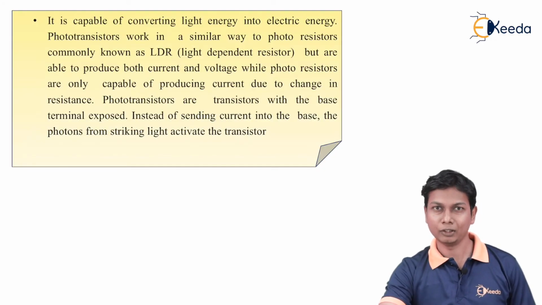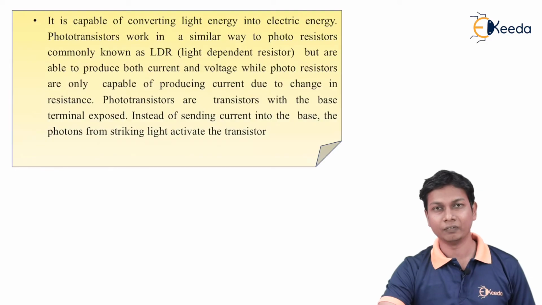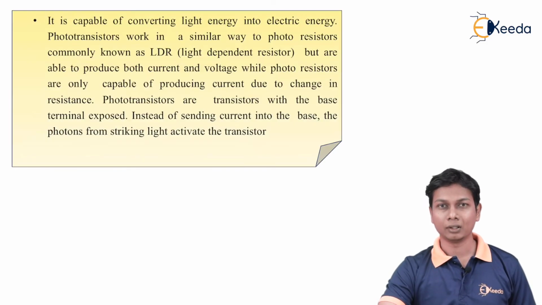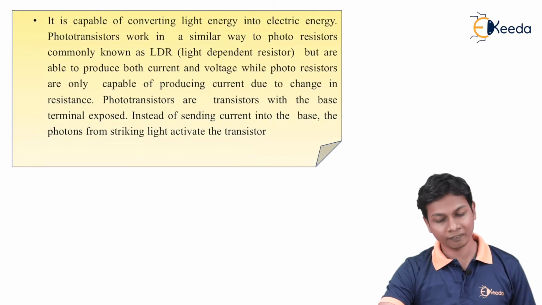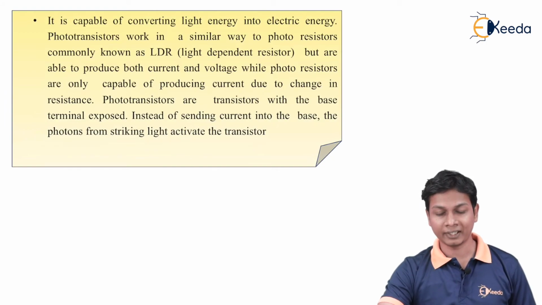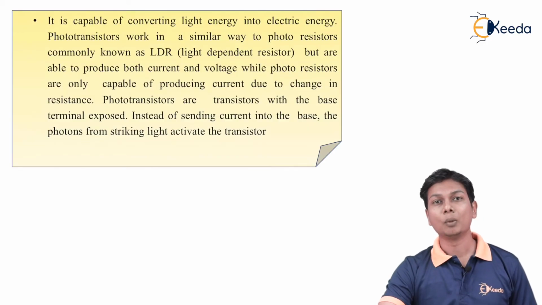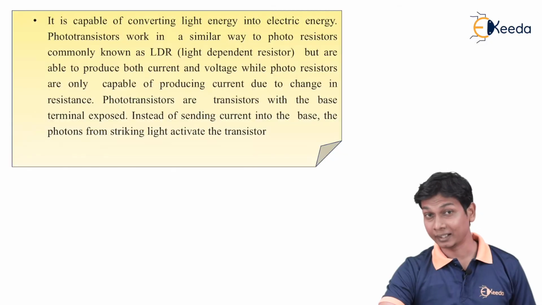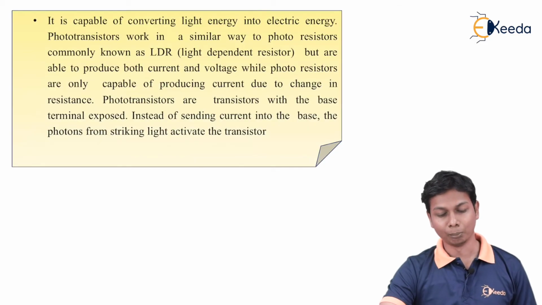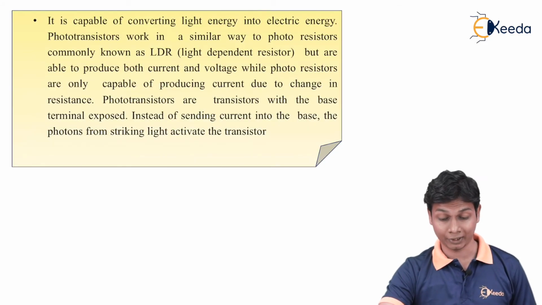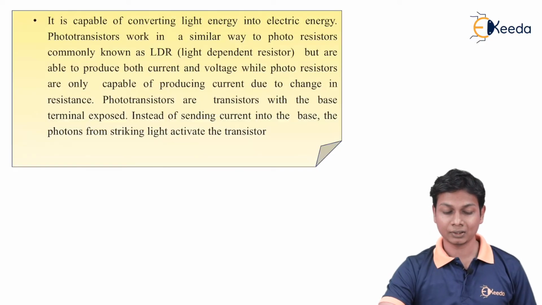As you can see in the principle, it is a device which converts ambient light, or natural light, into electrical energy, and the phototransistor works in a similar way to a photoresistor, which is popularly known as LDR, that is light dependent resistor, but it is able to produce both current as well as voltage, while photoresistors are only capable of producing current due to the change in resistance.